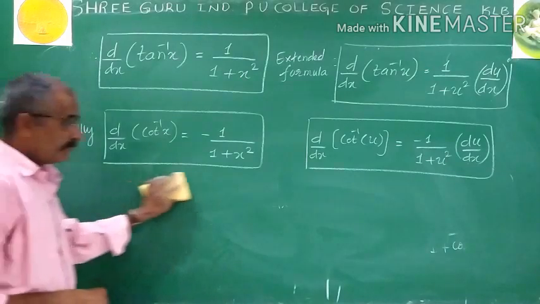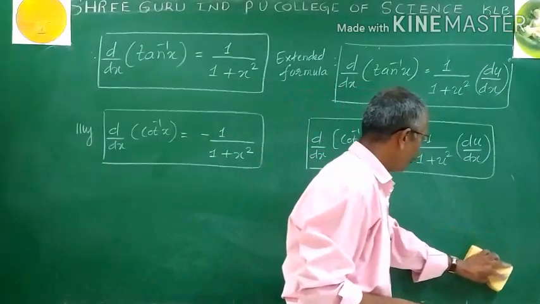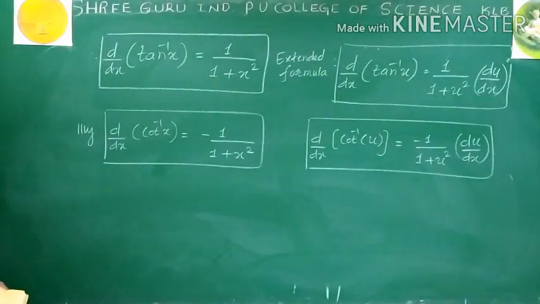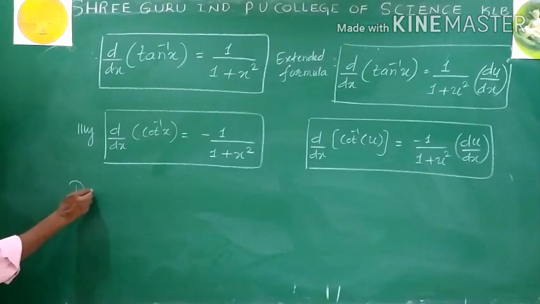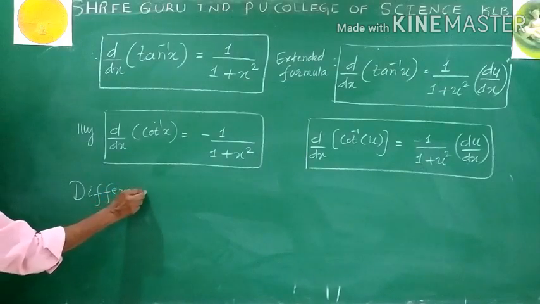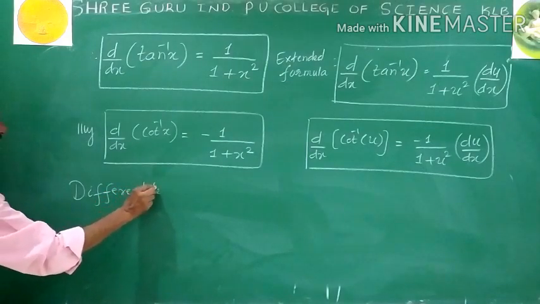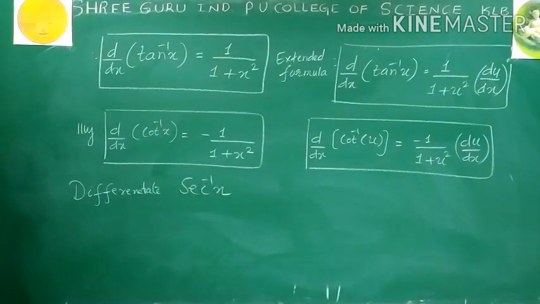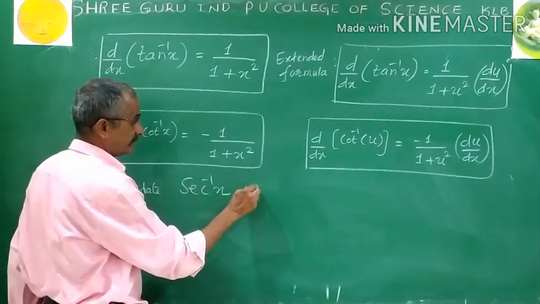Still two more formulas we have to get. Let's have the differentiation of secant inverse x. Differentiate secant inverse x with respect to x.